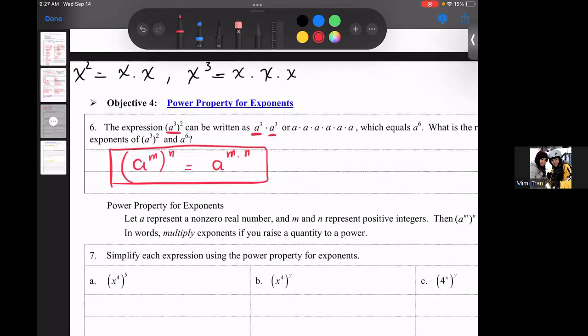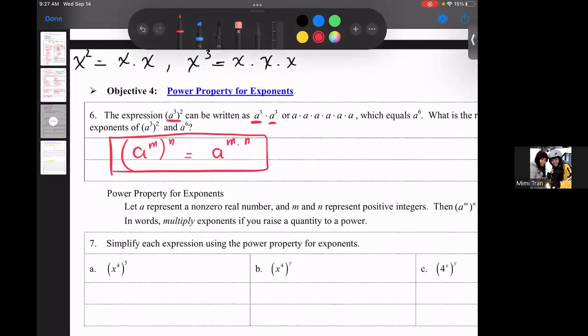The formula I boxed, make sure you remember it for the exam, okay? The best way to remember it is to do a lot of homework.